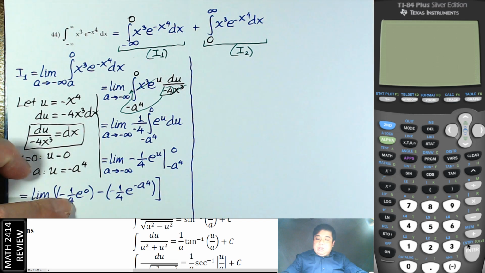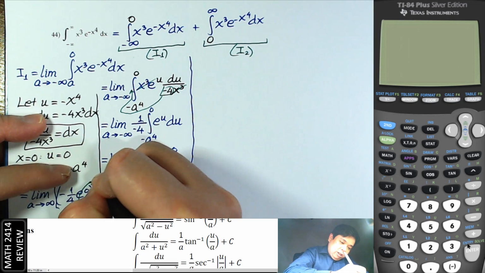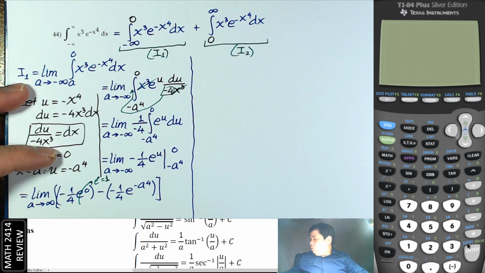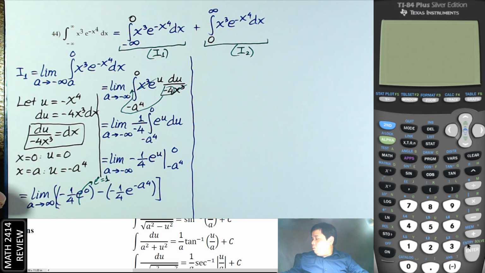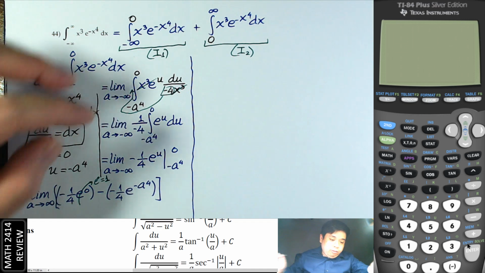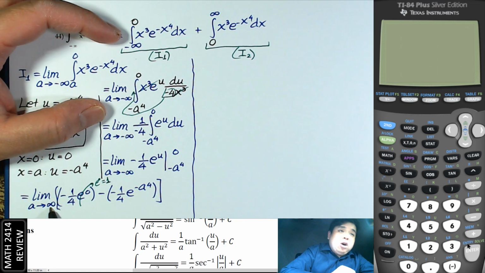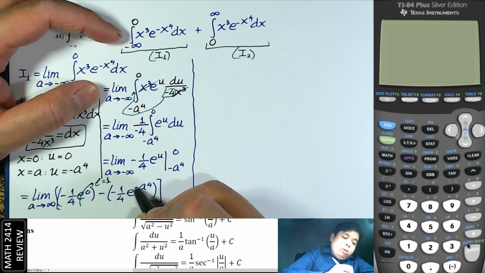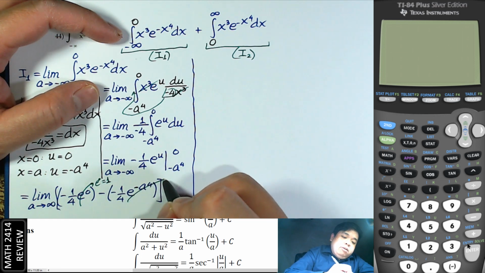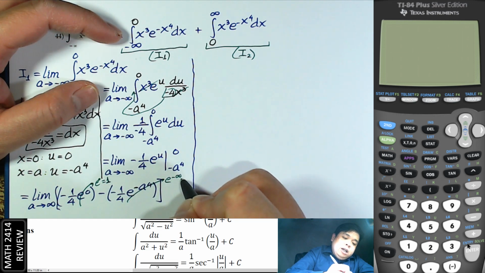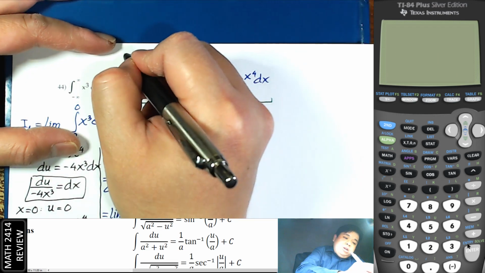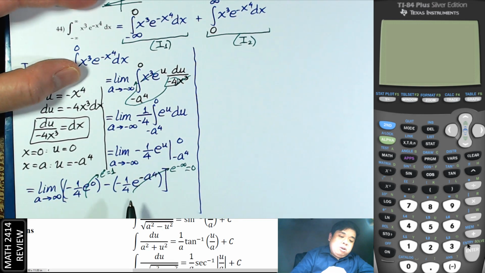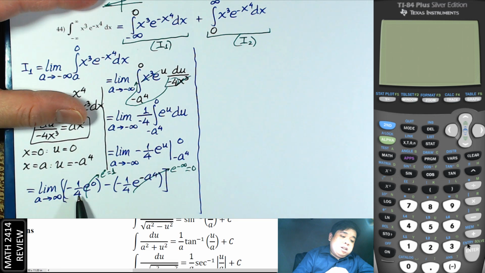Now e to the 0 power is 1. Now a goes to infinity, so this goes to negative infinity, and e to negative infinity is equal to 0. Remember, exponential function going like this, so when it goes to negative infinity it is equal to 0, so that one is gone. All we have is just negative 1 over 4.